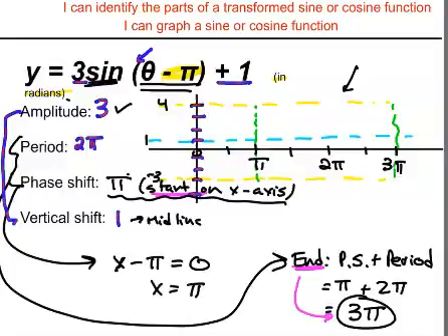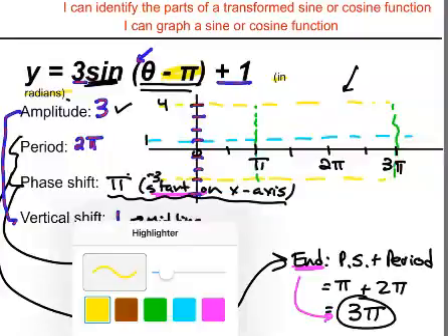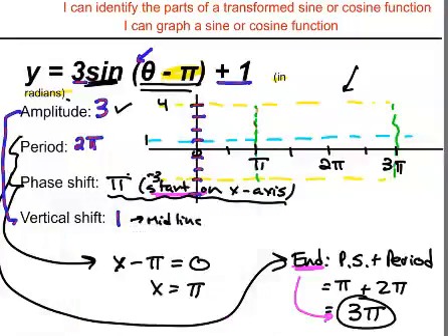So in this box, we are going to start in the middle, end in the middle. The middle is the middle. We're going to go up. We're going to go down. And this is our graph.